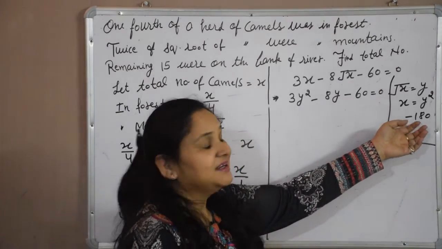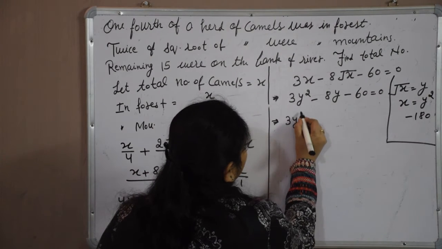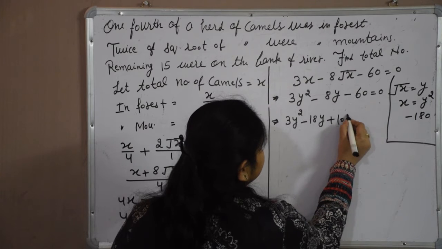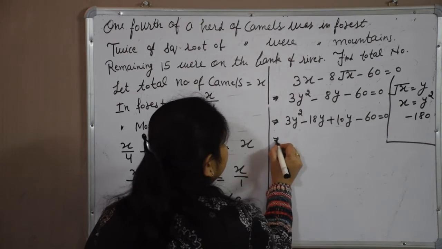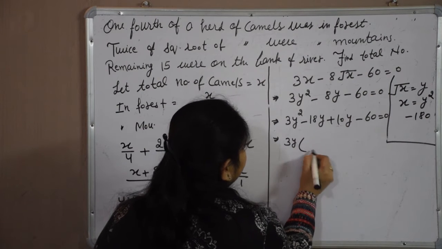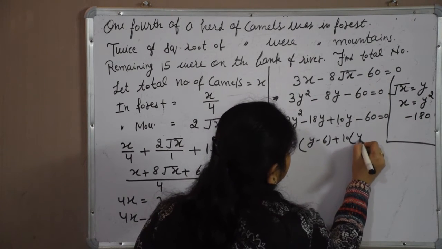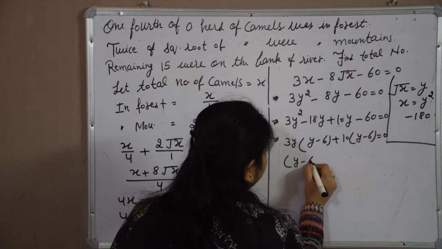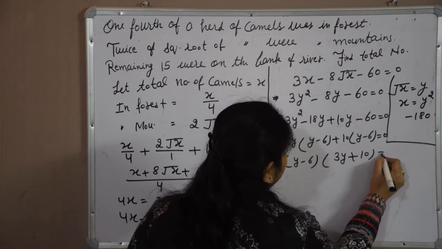18 and 10 we can directly use: 3y square minus 18y plus 10y minus 60 equals 0. This implies 3y common, y minus 6, plus 10 common, y minus 6, equals 0. y minus 6 is common throughout, so (y minus 6)(3y plus 10) equals 0.